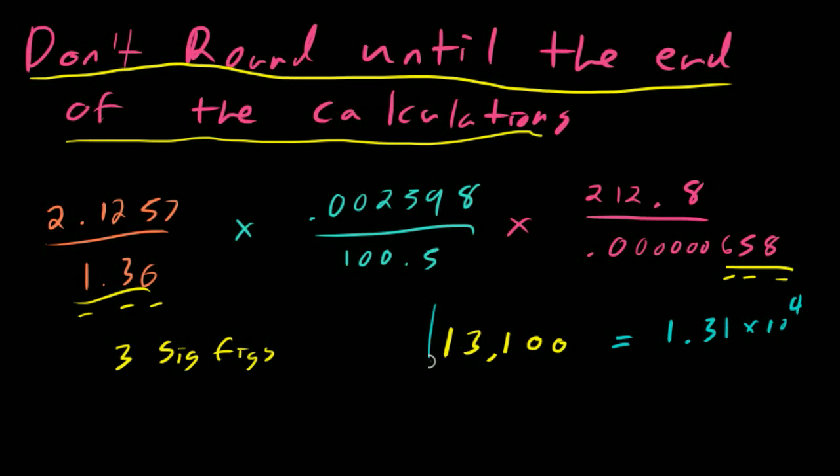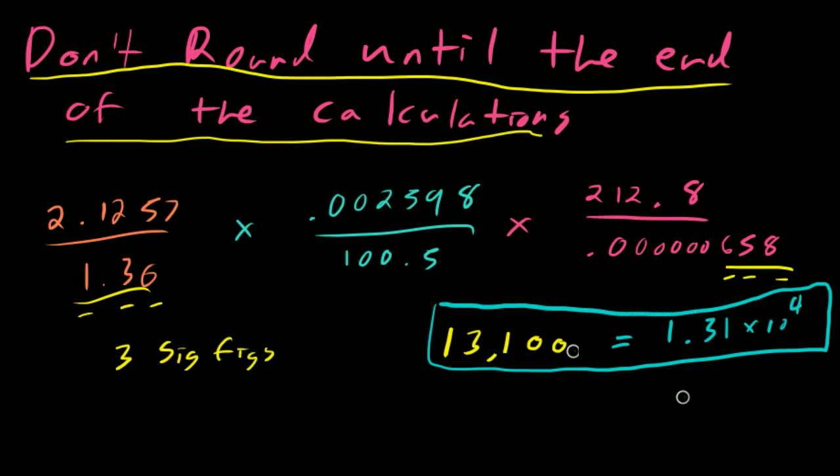So this right here is the correct answer. This is what this expression actually comes out to. So now let's go through this, and at each individual stage, I'm going to round after every single operation. And let's see if we can still get this correct answer.